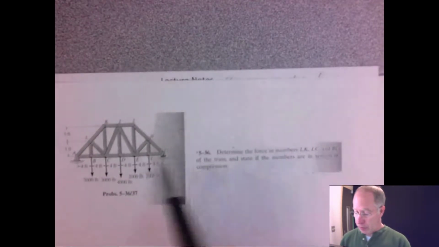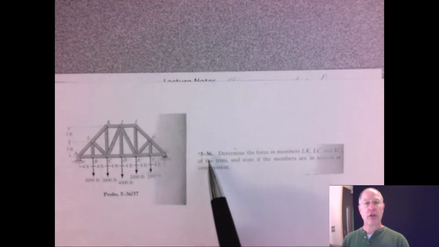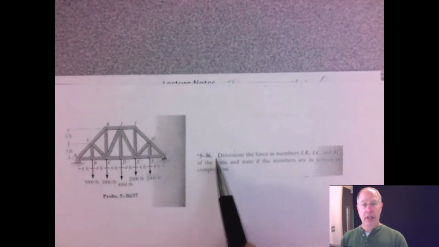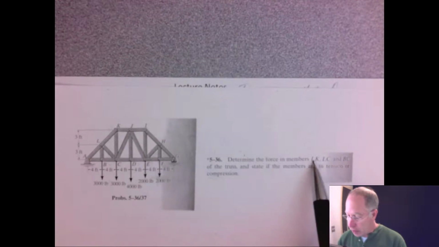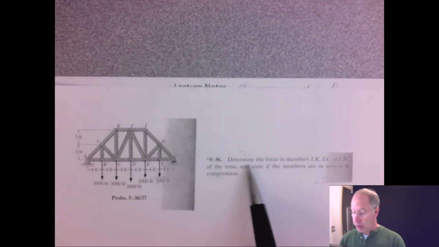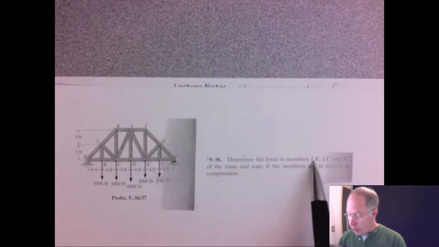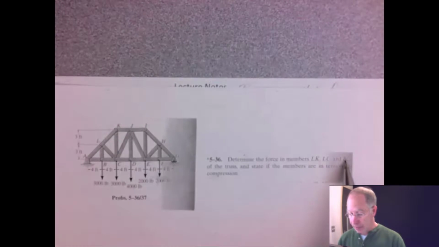So this is problem 5-36, and so go ahead and turn to that in your book, and then you can get a clear picture of what's going on. This is kind of small here, but you can read that the problem is to determine the force in members LK, LC, and BC.